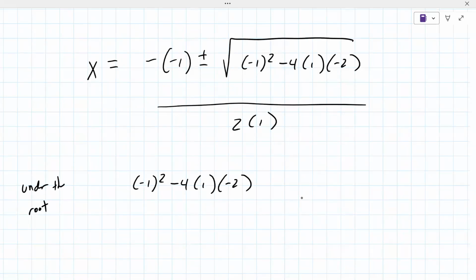That's why I want us to focus there first. -1 squared is -1 times itself, -1 times -1. Let me know when you get your final answer for all this.